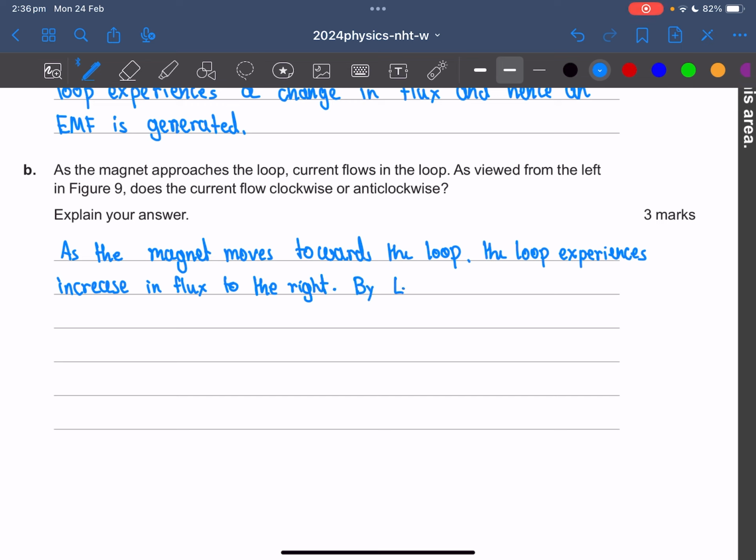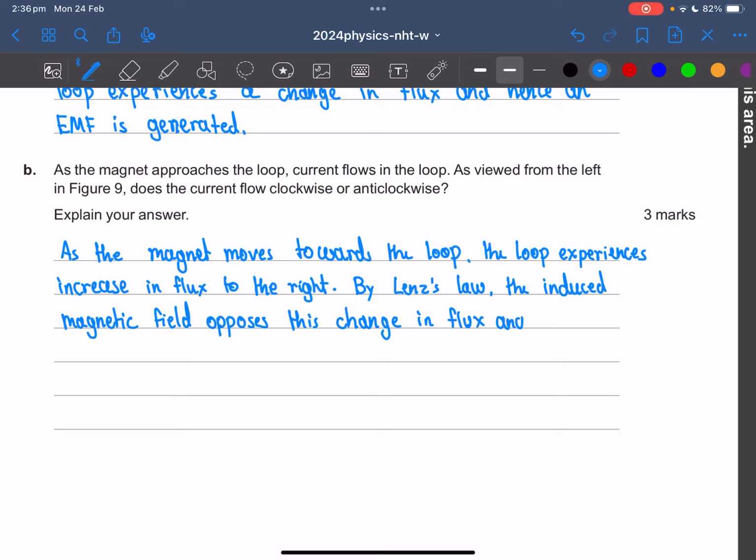By Lenz's law, the induced magnetic field opposes this change in flux, and hence the current will generate an increasing flux to the left.